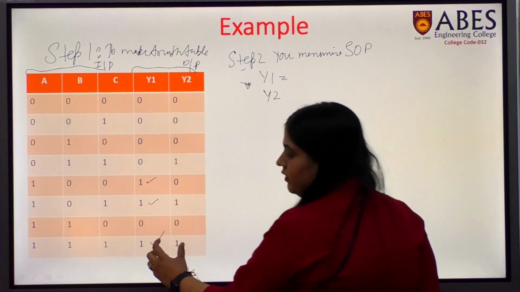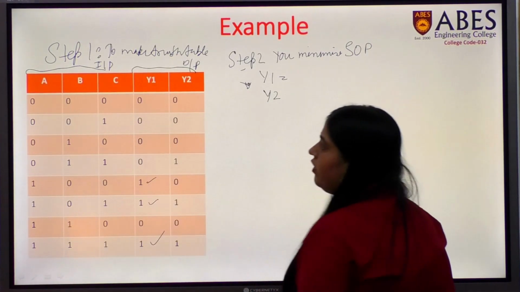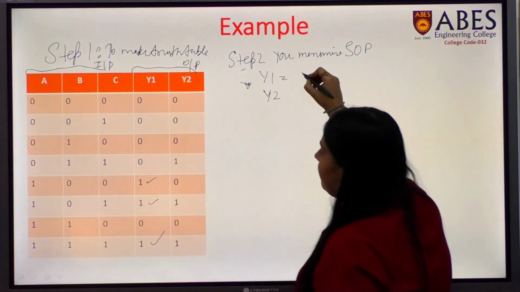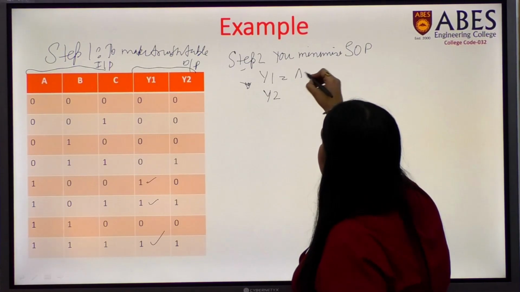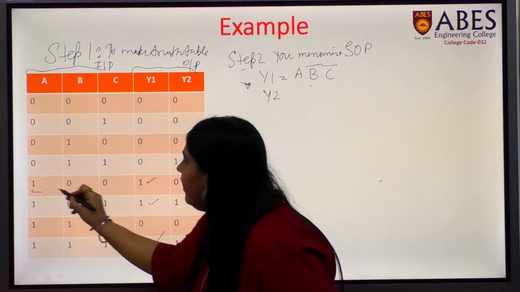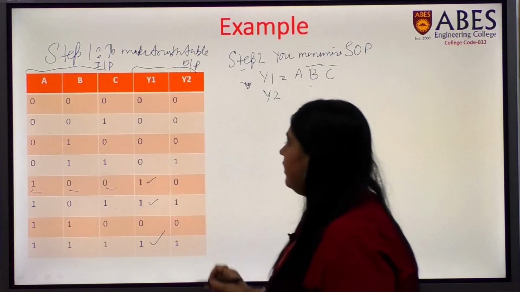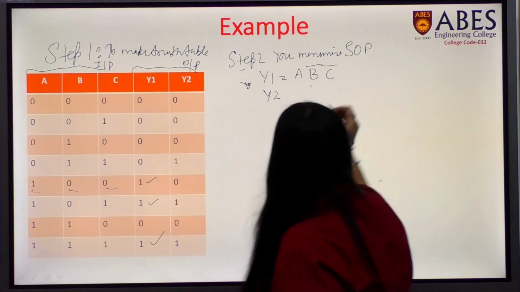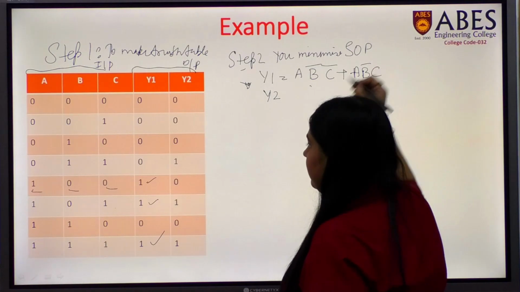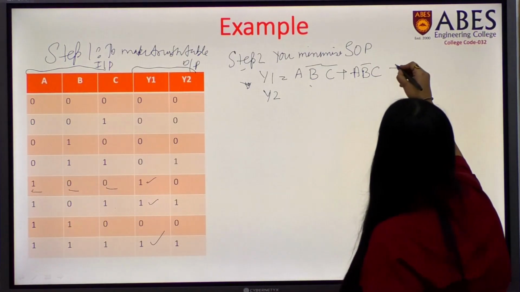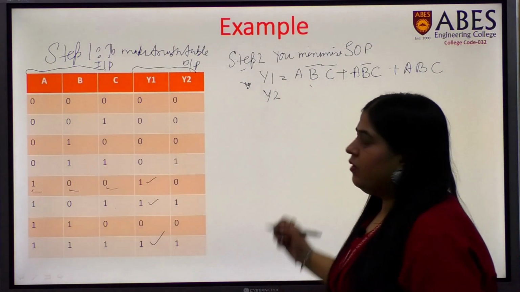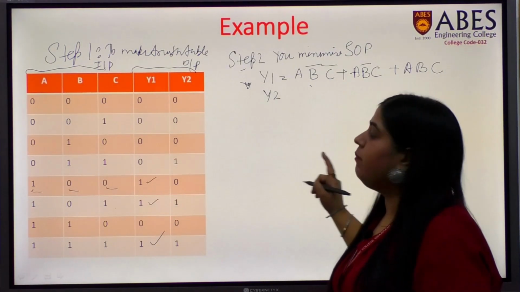According to this Y1, you have to see the corresponding inputs, where input is high and where it is low. For Y1: A B bar C bar, plus A B bar C, and for this, A B C. So this is the SOP, but this is not the minimized SOP.